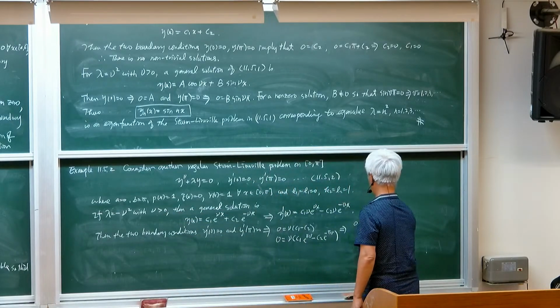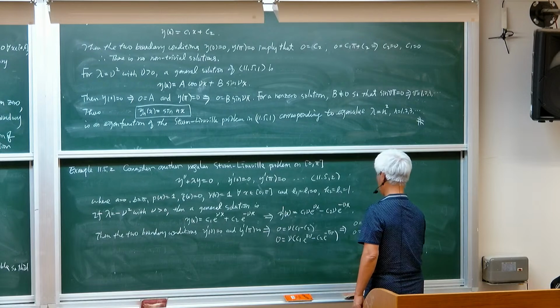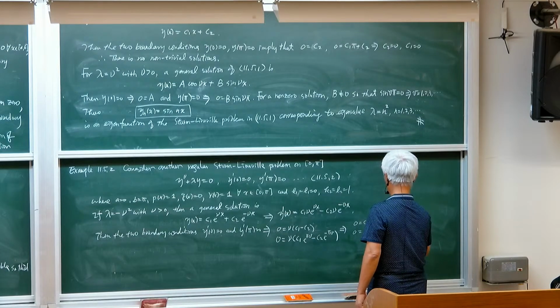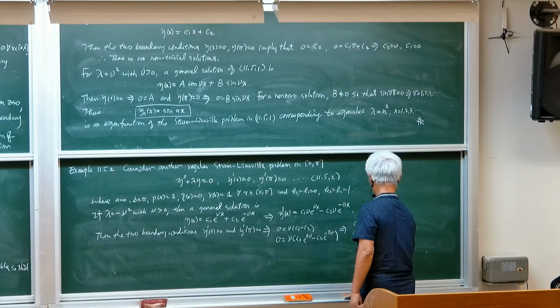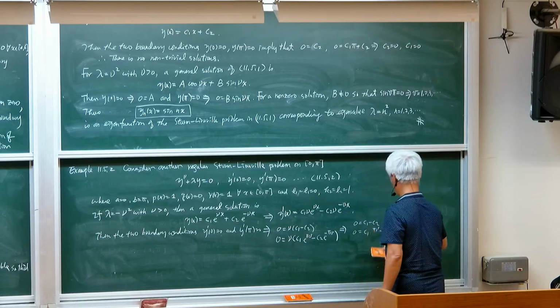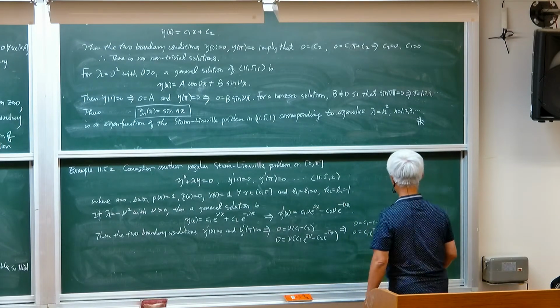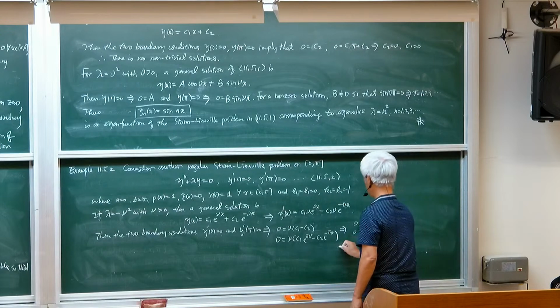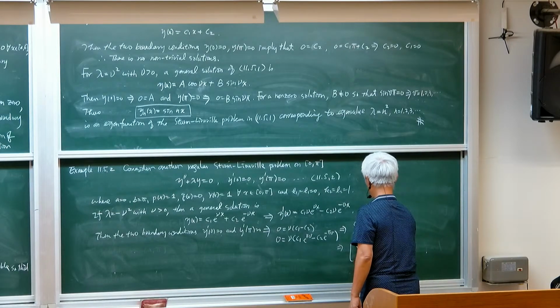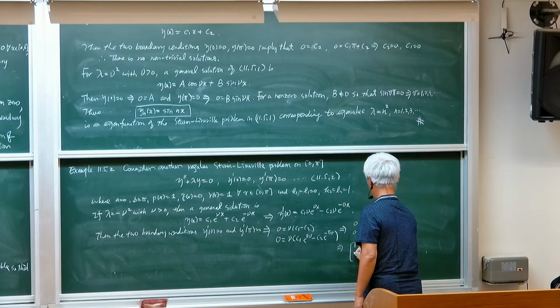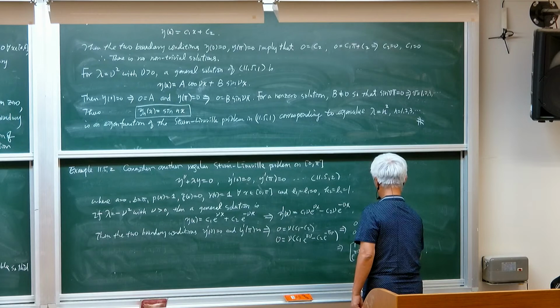So we have C1 minus C2 equal to 0, and C1 e^(pi nu) minus C2 e^(-pi nu) equal to 0.